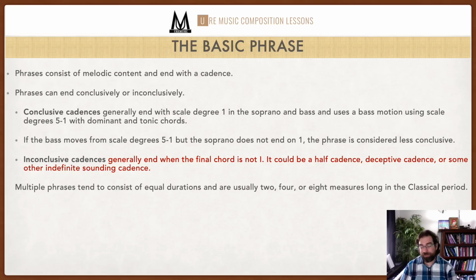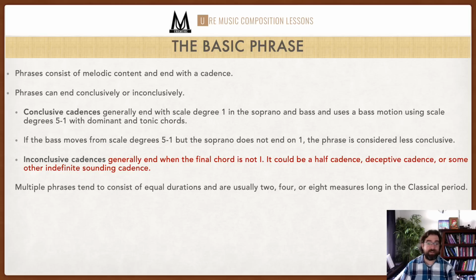So as you can imagine, we typically use conclusive phrases to end a piece. And we use inconclusive phrases to create forward motion and propel the listener from the first phrase to the second phrase and so on. The way you can identify these is that a conclusive cadence will generally end with scale degree 1 in the soprano.